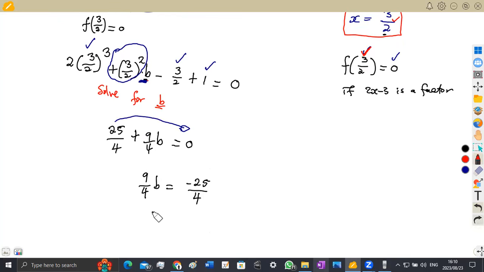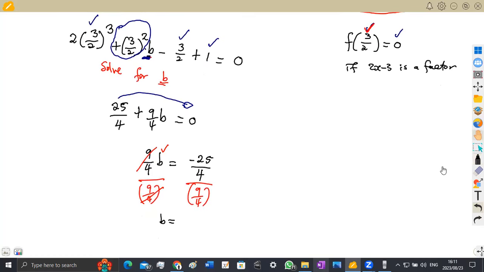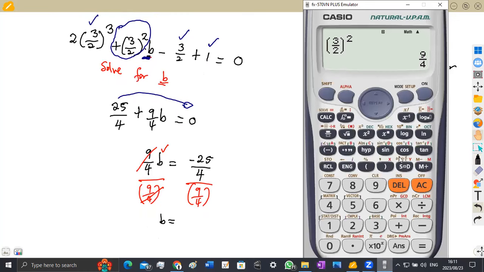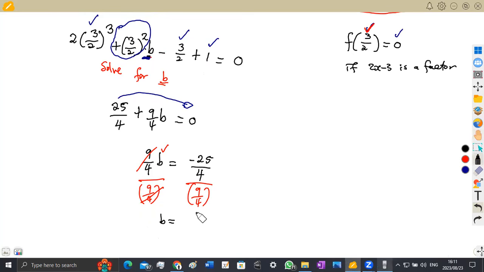So this cancels, and we remain with the b. Dividing negative 25 over 4 by 9 over 4 gives us negative 25 over 9.